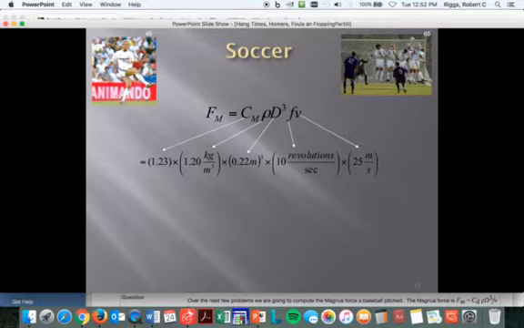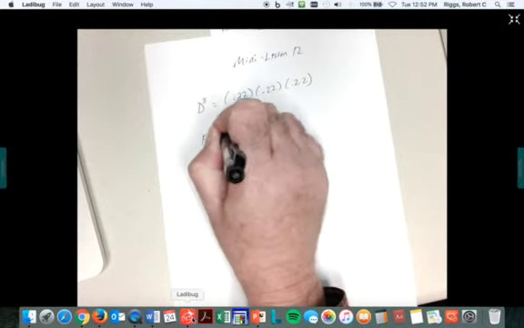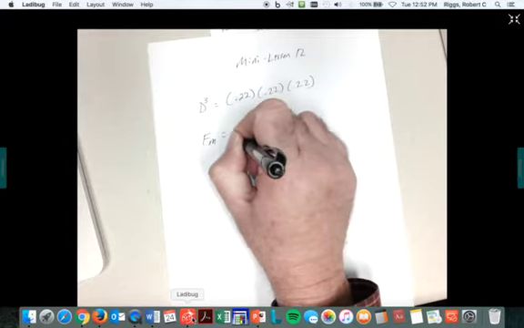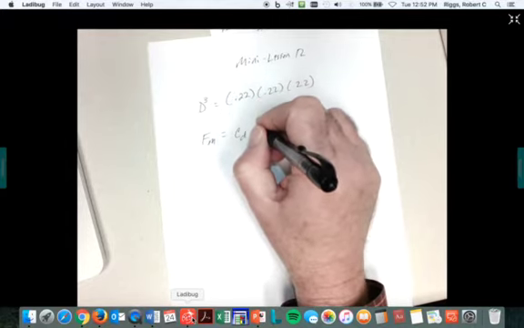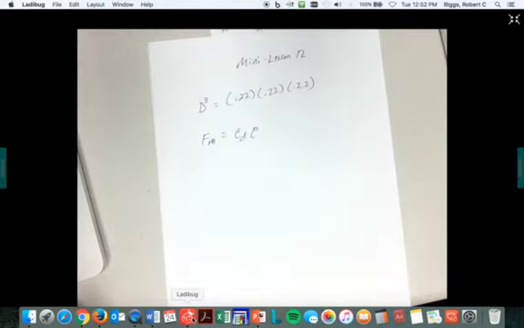And so the overall thing that you're going to be doing is this. The Magnus force is equal to the coefficient of drag of the baseball times the air pressure, which is the same everywhere for the most part. I mean, it can be different in Kansas than it is here, but it's very, very slight.